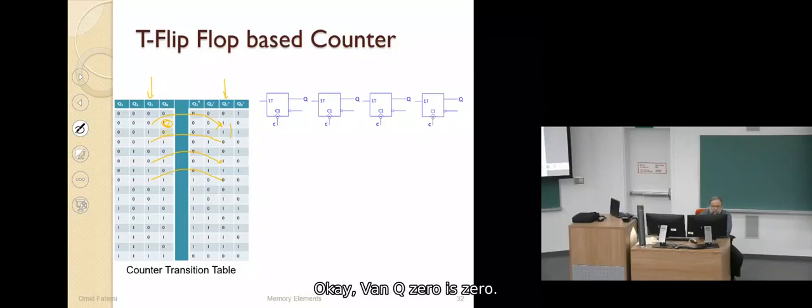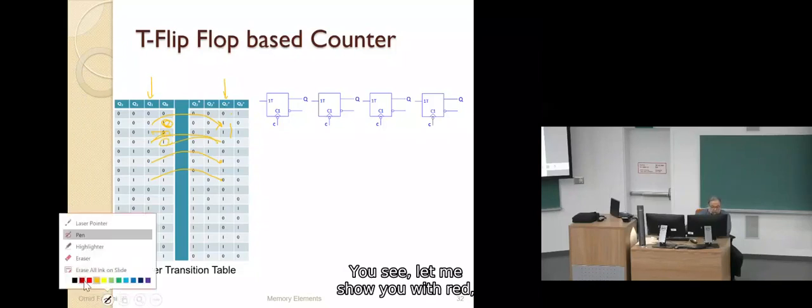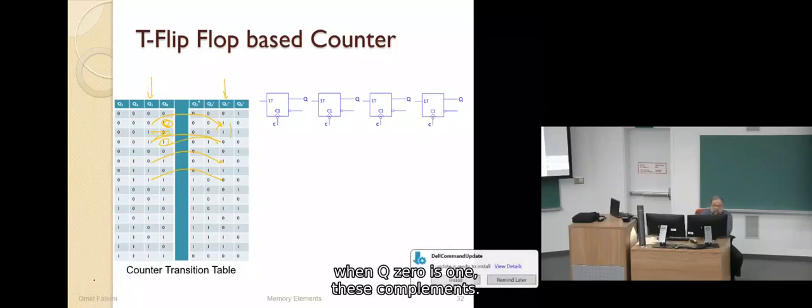When Q0 is 0, it doesn't change. But when Q0 is 1, it changes. You see? Let me show you with red. When Q0 is 1, this complements. When Q0 is 1, this complements. But when Q0 is 0, it doesn't change. Okay? So what do you think?